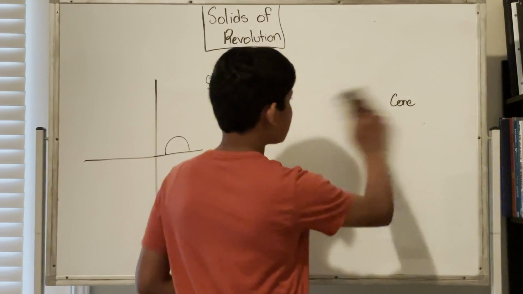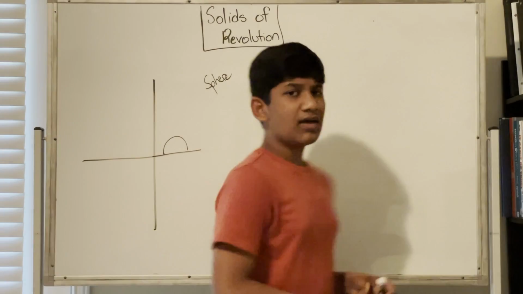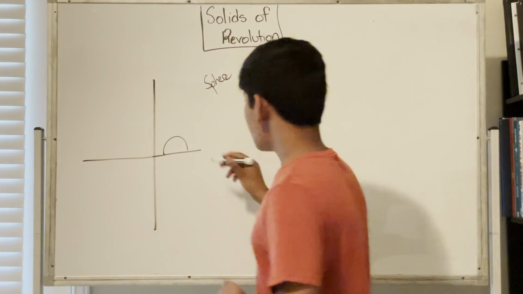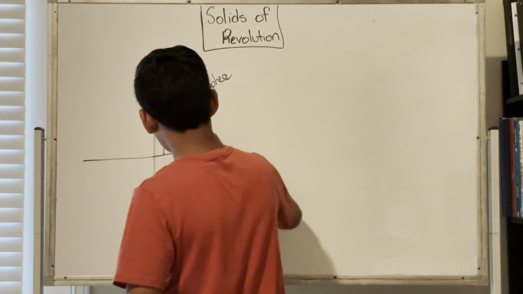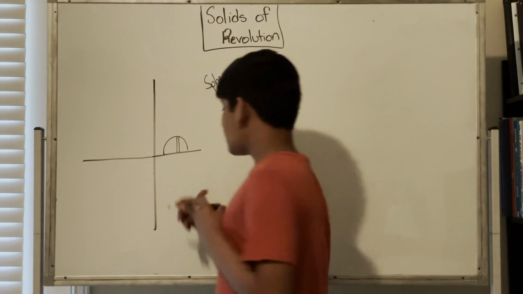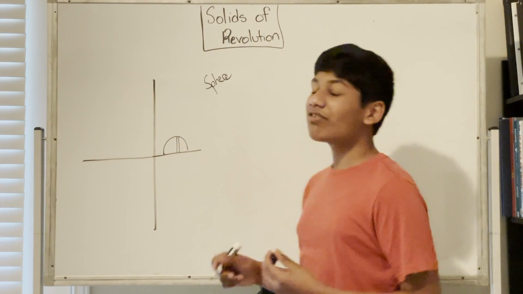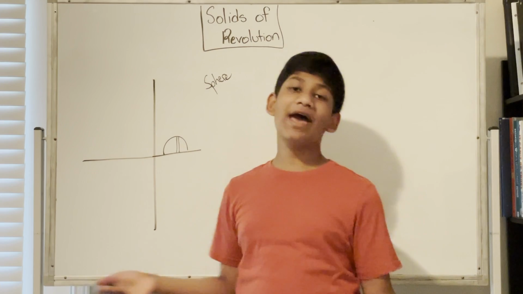Let's take the semicircle example. Now, let's take a little bit of a rectangle in this semicircle. If we take this little rectangle and spin it around its x-axis, what will we get?